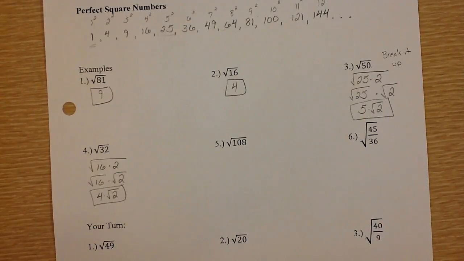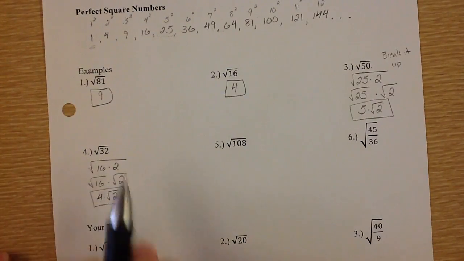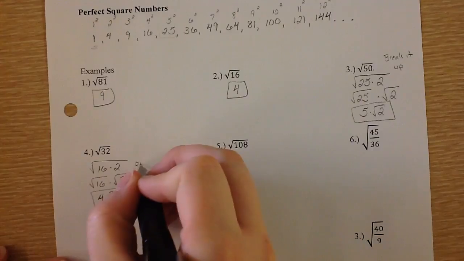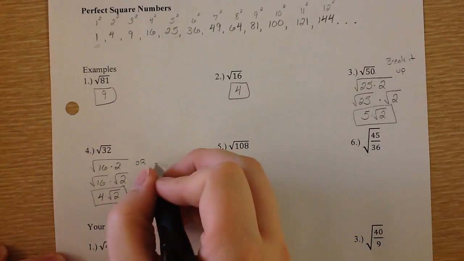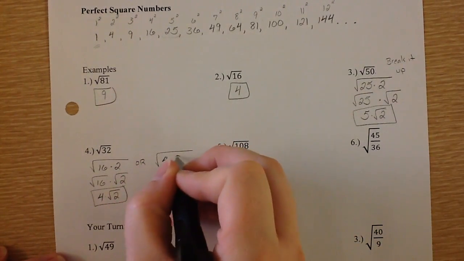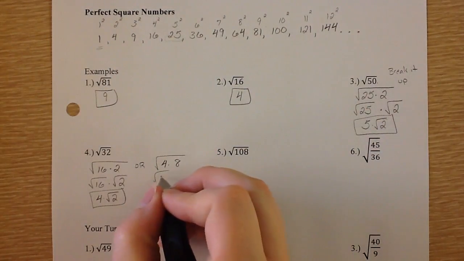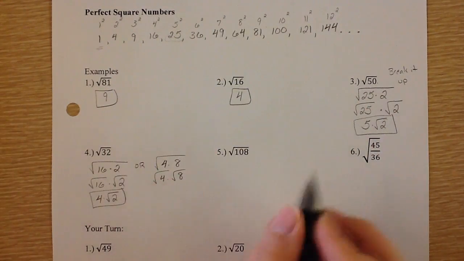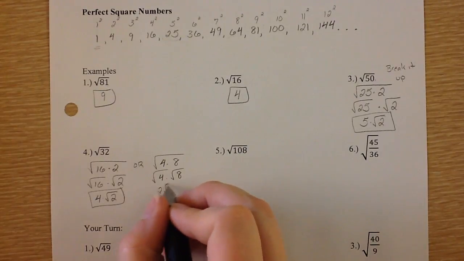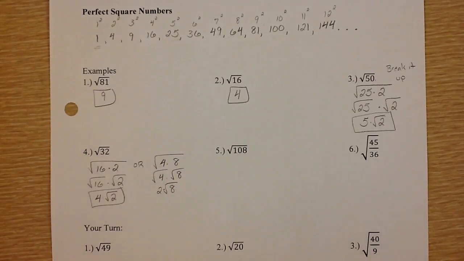If you would have done it the other way, using 4 and 8, then I would have had the square root of 4 times the square root of 8. So then I would have had 2 times the square root of 8.